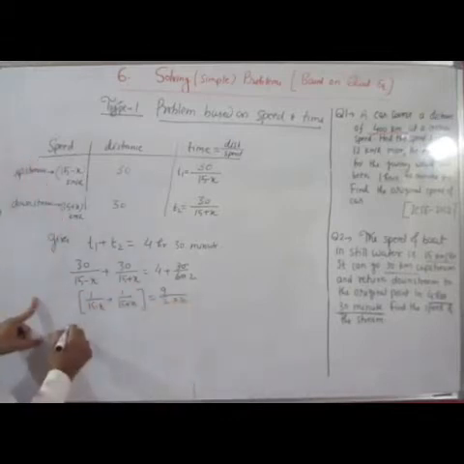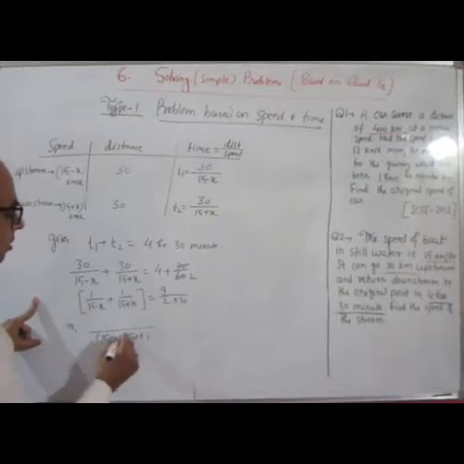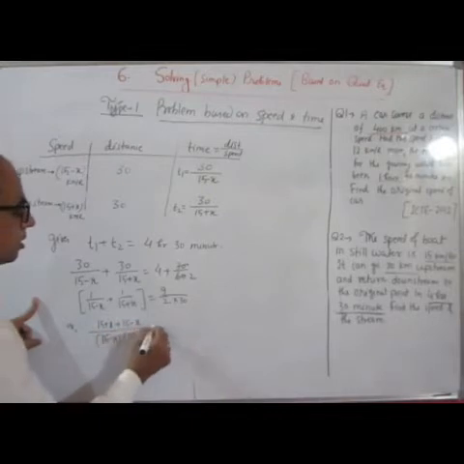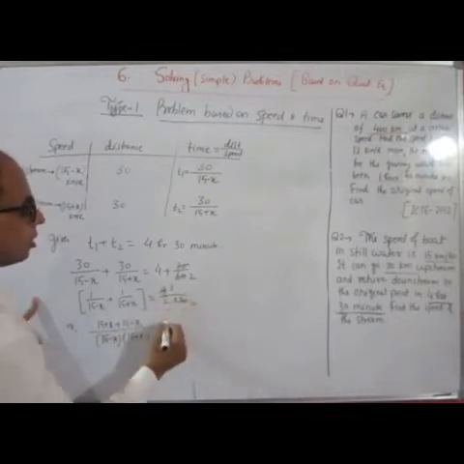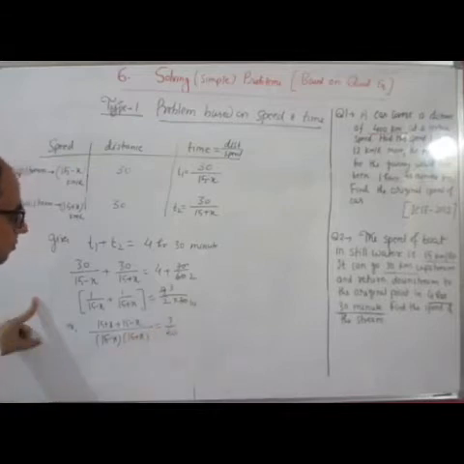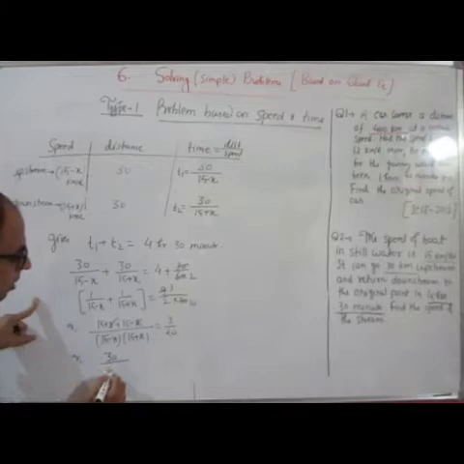So finally we will get here LCM is 15 minus x into 15 plus x, 15 plus x plus 15 minus x is equal to, and here it will be 3 by 20. Now x cancels. So you will get 30 by 15 square minus x square is equal to 3 by 20.